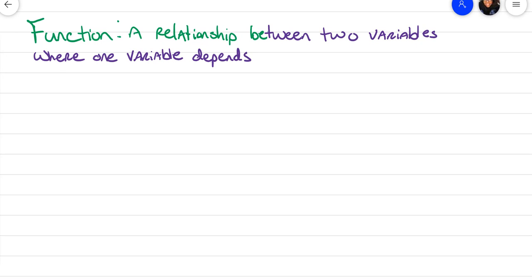Actually, let me write that. That's the input of one variable, where the value of one variable determines the value of the second variable.